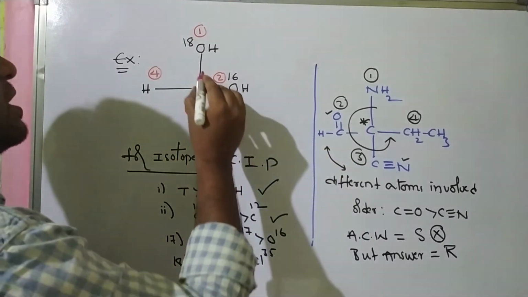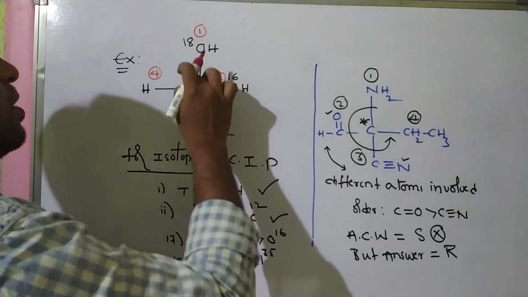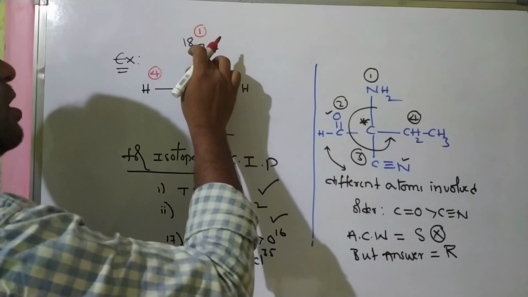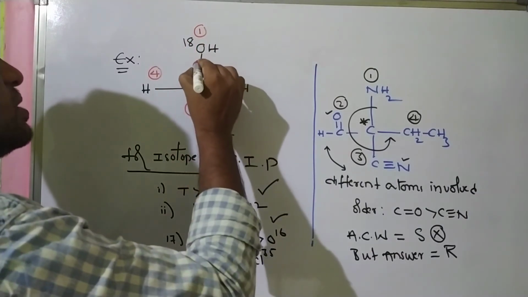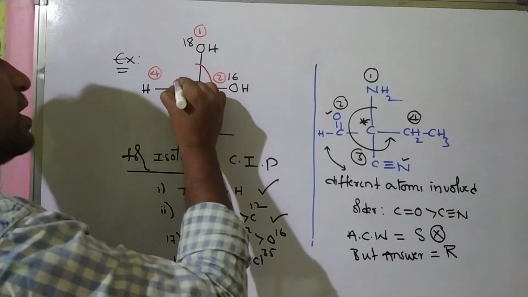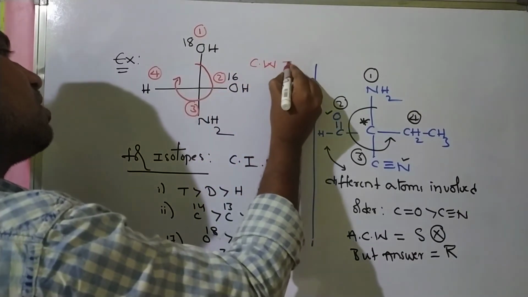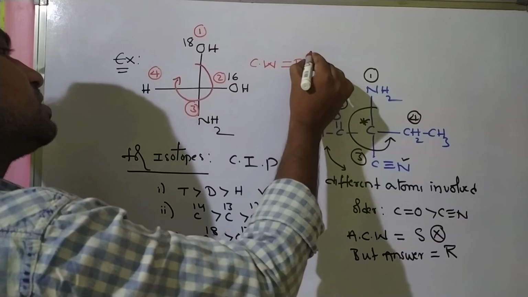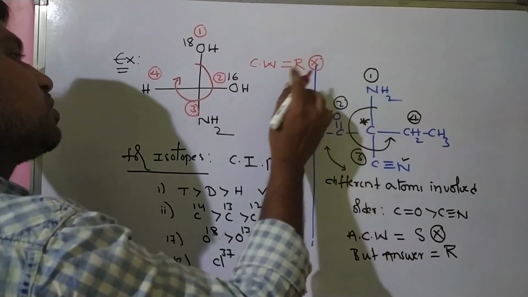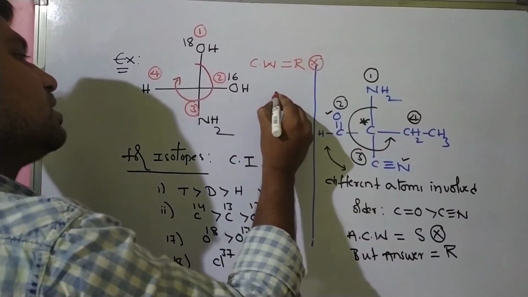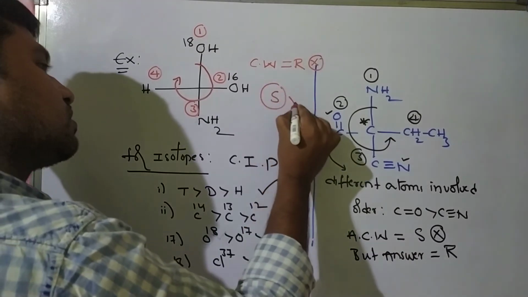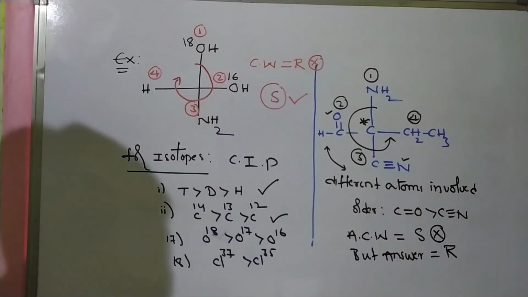First of all, normal rotation: 1, 2, 3. The rotation is clockwise. Clockwise rotation means, so this is wrong. Means switching process. What is the answer? This is the S isomer. Okay, please note.